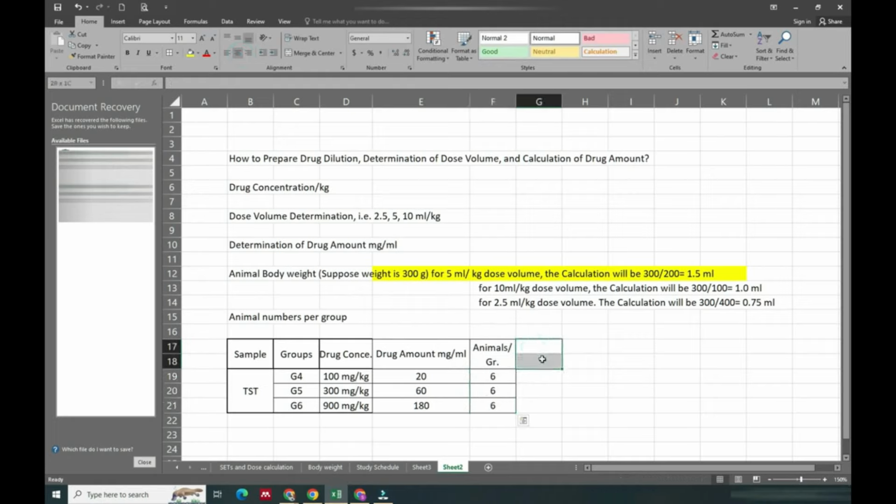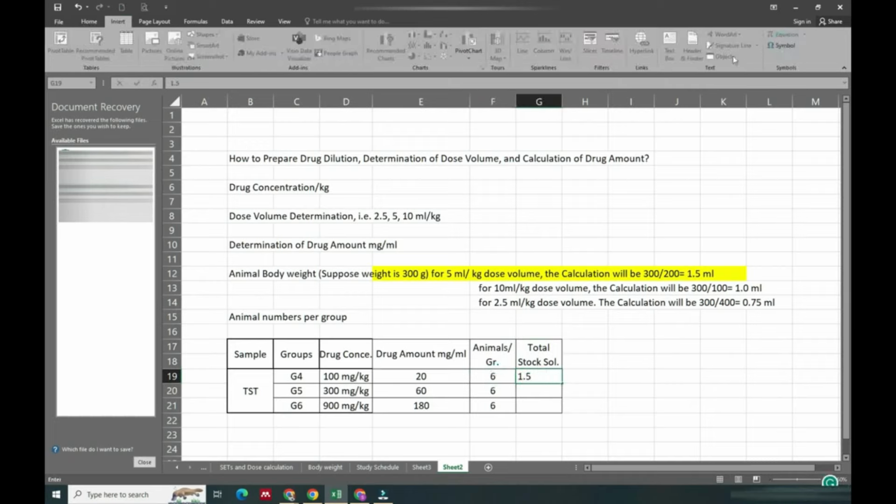Now the next step is total stock solution, so that we can decide here. How will we calculate here? We have 6 animals and 1.5 that we have to multiply. So we will write here 9.